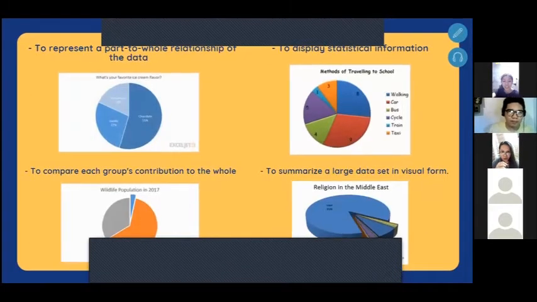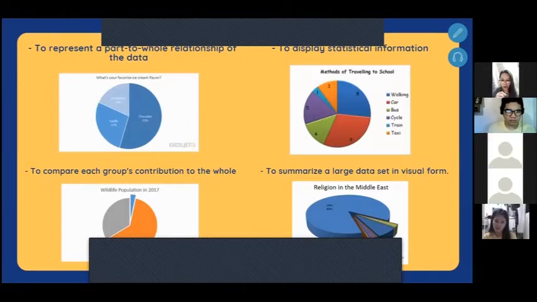So the objectives of a pie graph is to represent a part-to-whole relationship of data, to display statistical information, to compare each group's contribution to the whole, and to summarize a large data set in visual form. So for example, a pie is divided into slices, and every slice is indicated with a percentage.